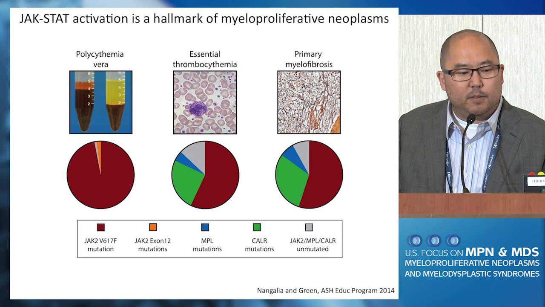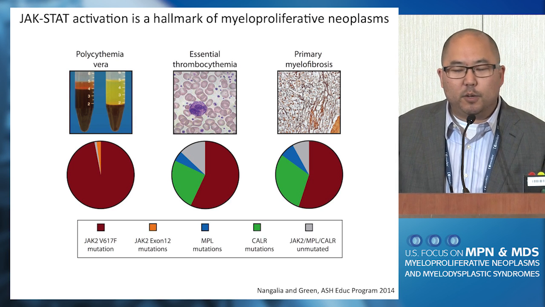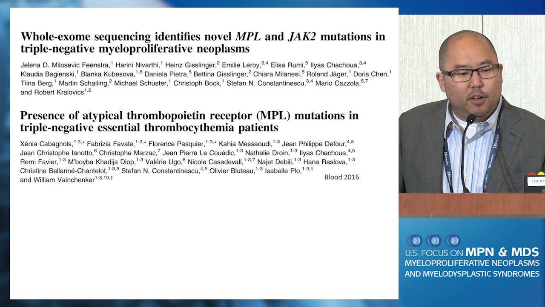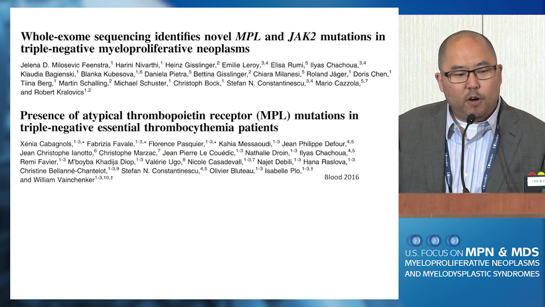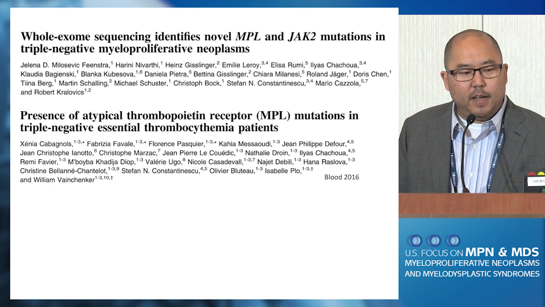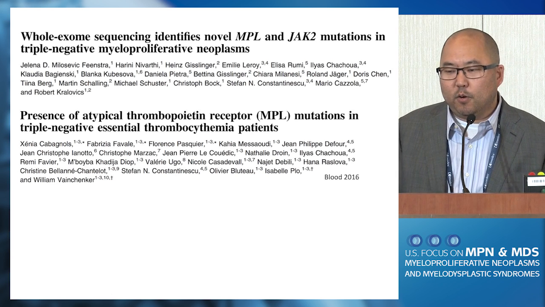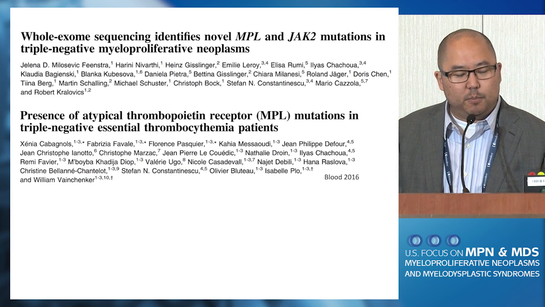You can see that most of this pie is now colored, but there's still a fraction of those patients who would be what we call triple negative, meaning they lack JAK2, MPL, or calreticulin mutations. And also very recently, to further fill in that pie, work from two different groups identified what we might call atypical mutations in either MPL or JAK2 that are present in these so-called triple negative patients with myeloproliferative diseases.